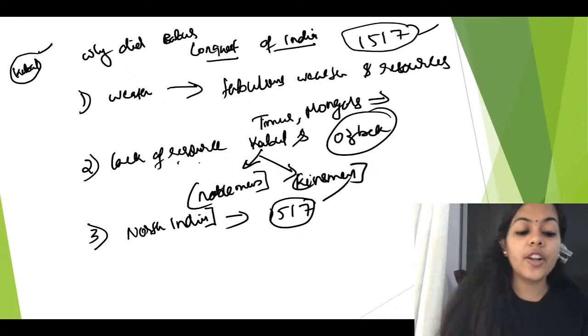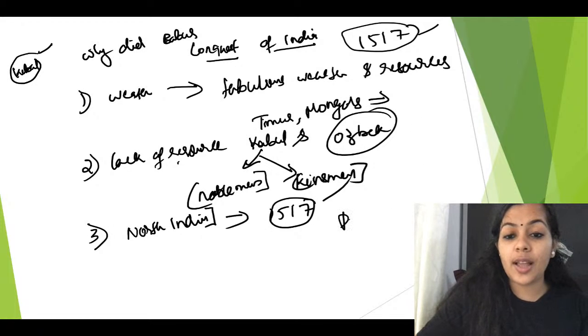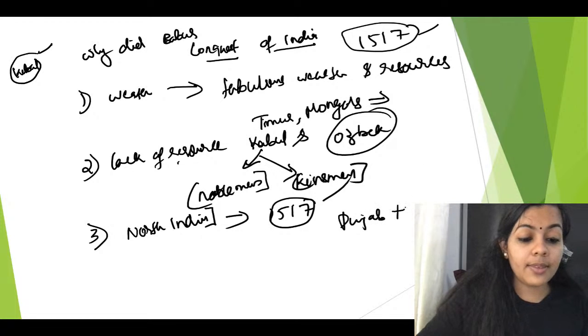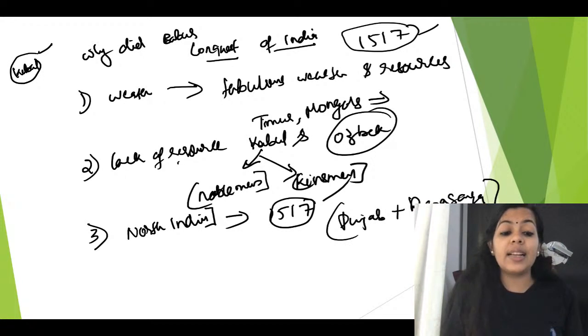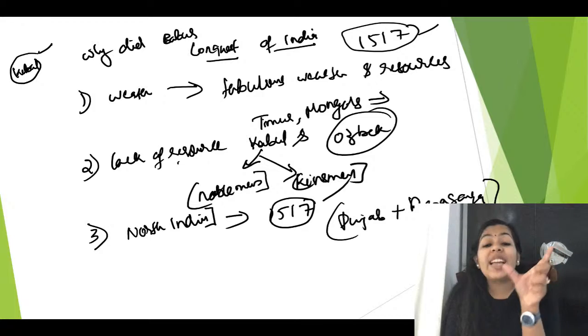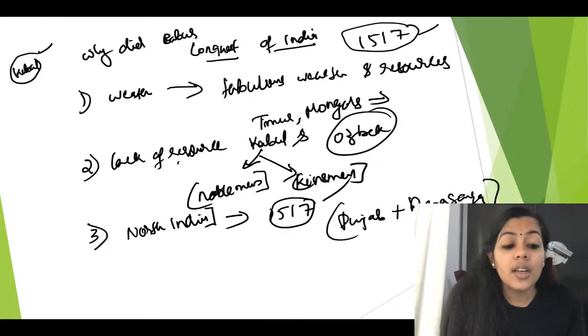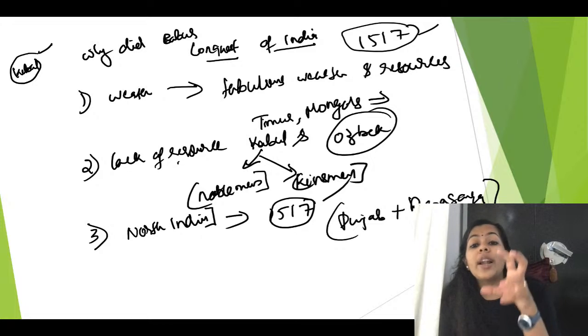This person was the governor of Punjab, and there was also Rana Sangha. Daulat Khan Lodi wanted to attack him.